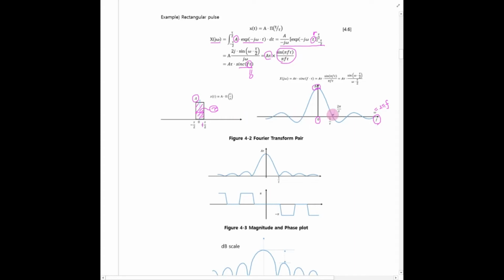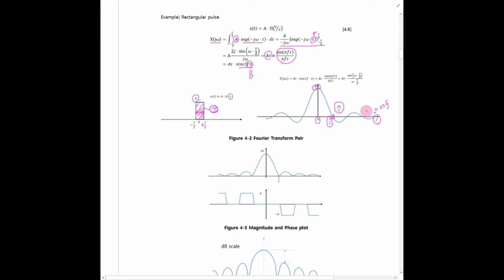And what about the first null? The first null is at 1 over the time period tau, 1 over tau. This period is tau, so taking the inverse of that gives the first null frequency. What about in the omega domain? The omega domain just multiplies by 2 pi, so this becomes 2 pi over tau angular frequency.